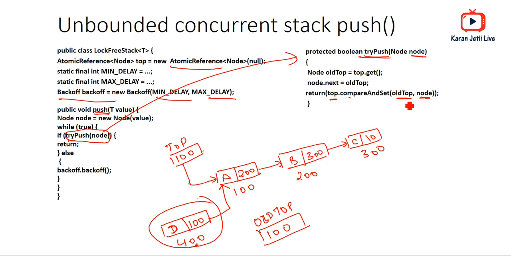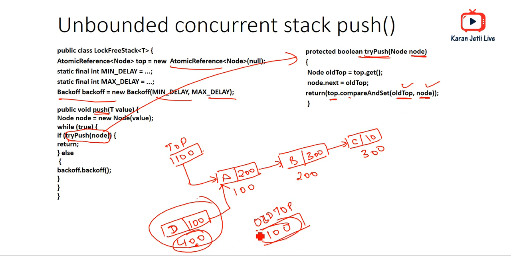Okay. Now what is the compare and set operation? Compare and set will compare these two values, old top, and it will compare the address of the node which came here. So what is the address of the node? 400. What is the old top? 100. Now what does compare and set do? It compares these two values.